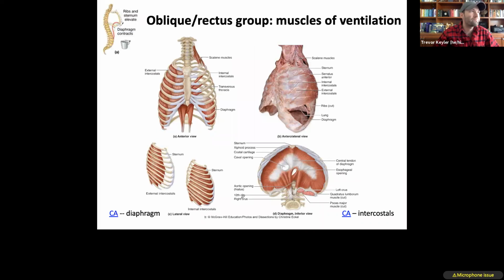All right, on to some muscles you've likely heard of before. You've probably heard of your obliques and maybe your rectus muscles, but let's start with one I just mentioned then. I talked about how the costa are your ribs, right? Well, we have both external intercostals and internal intercostals.